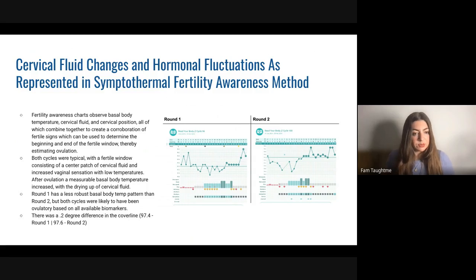Round 1 had a less robust basal body temperature pattern than round 2, but both cycles were likely to have been ovulatory based on the cumulative biomarkers. And there was also a 0.2 degree difference in the cover line. So the cover line is kind of how we determine the difference between the pre and post ovulatory phases. And for the first cycle, it was 97.4. And for the second cycle, it was 97.6.